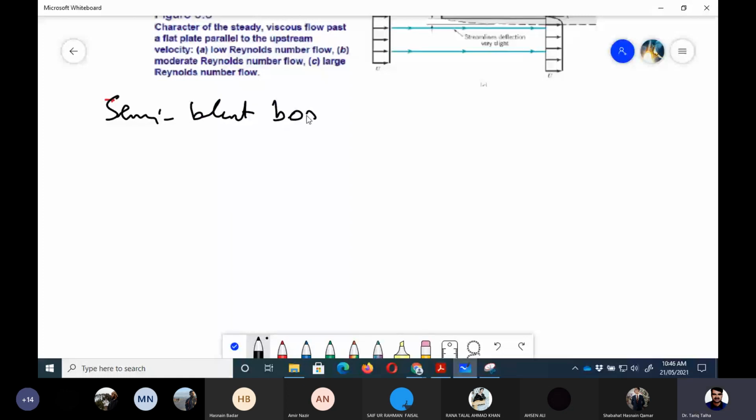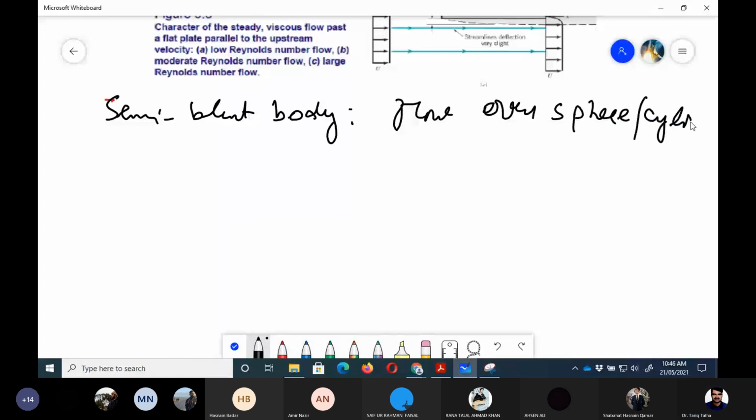A semi-blunt body is like flow over a sphere or cylinder. Why do we call it semi-blunt? Because a fully blunt body is a flat plate which is perpendicular to the flow direction. So that is the fully blunt body.